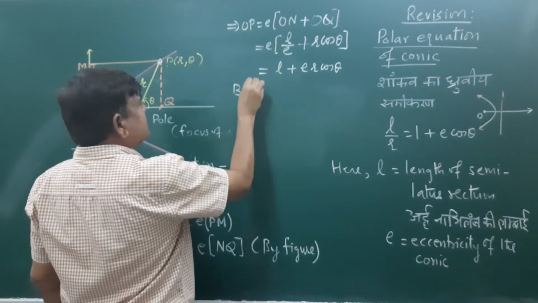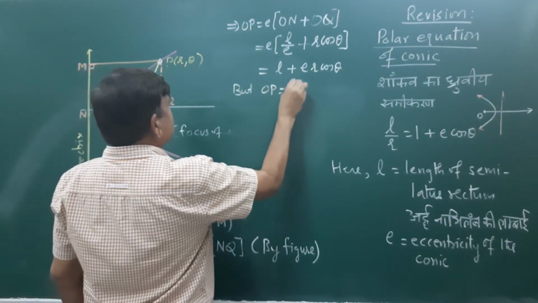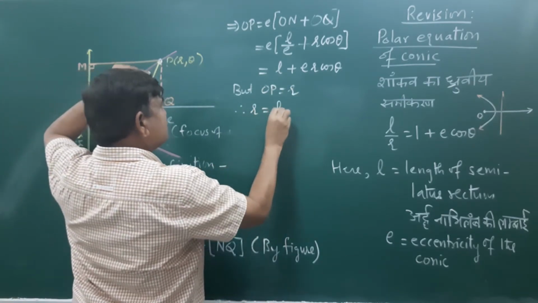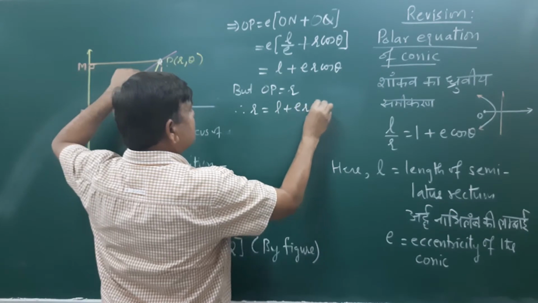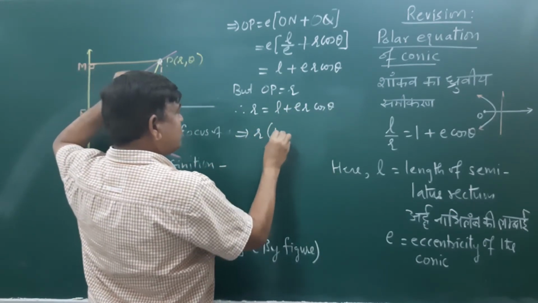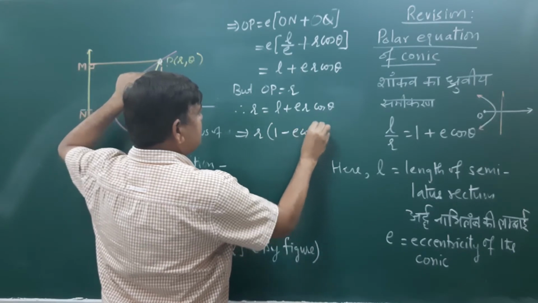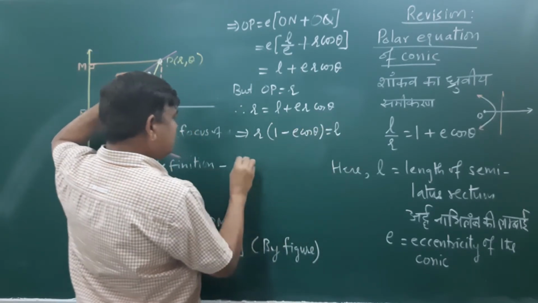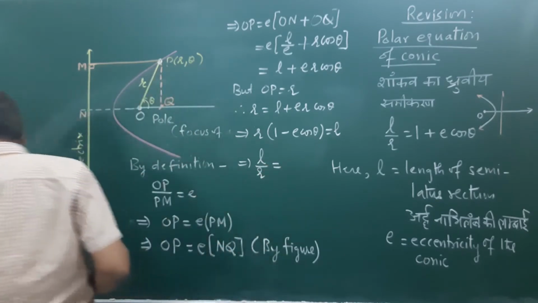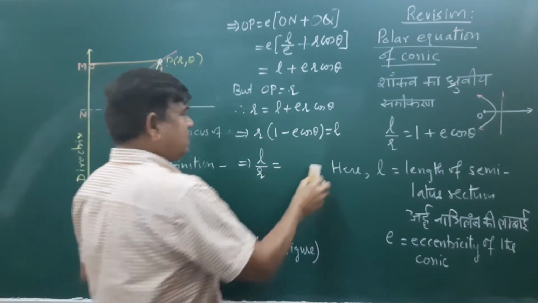But OP equals to R. Therefore, R equals to L plus E R cos theta. So this implies R times 1 minus E cos theta equals to L. This implies L by R equals to 1 minus E cos theta.